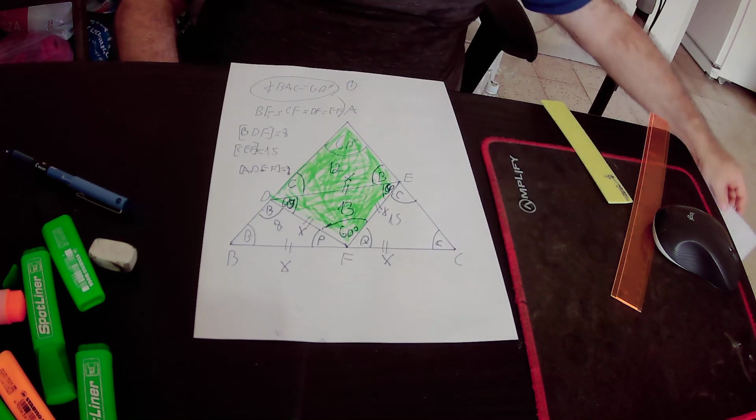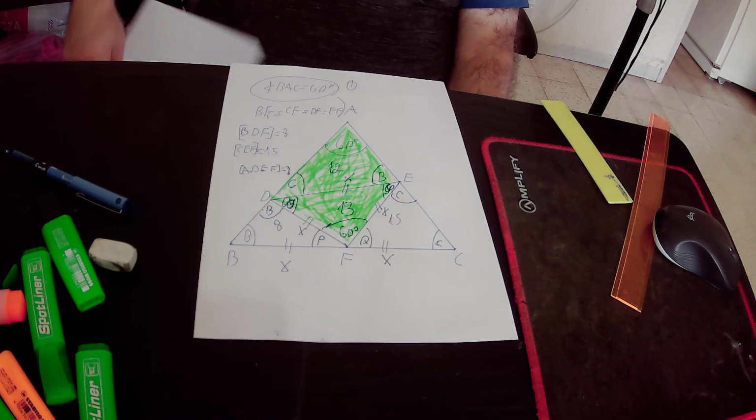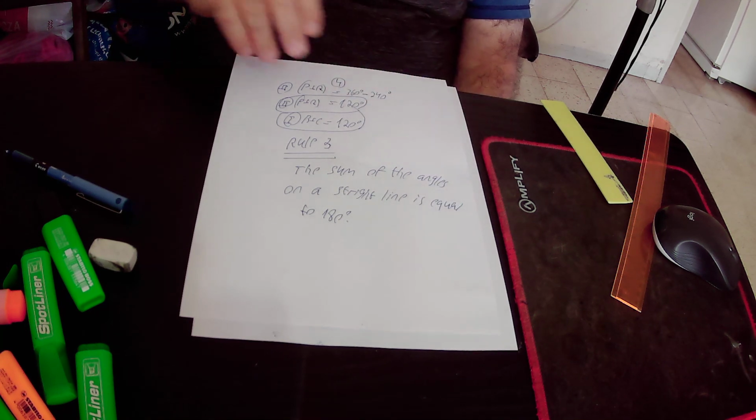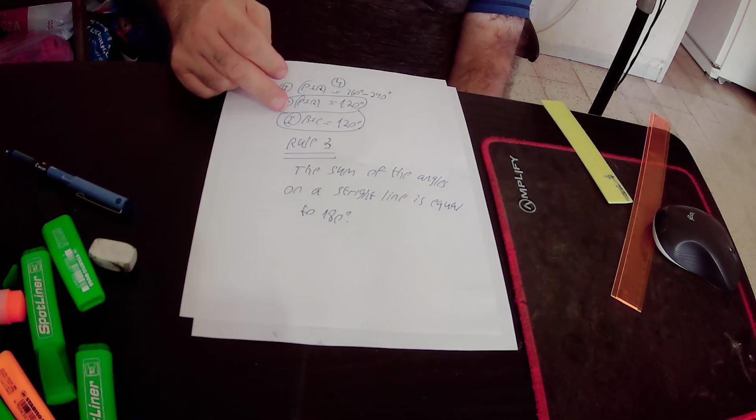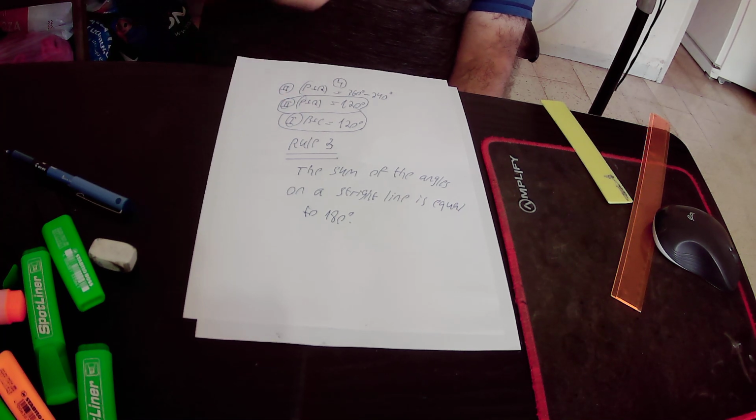So we have equation number 1 that states that B plus C equals 120 degrees, and P plus Q also equals 120 degrees according to equation number 2.